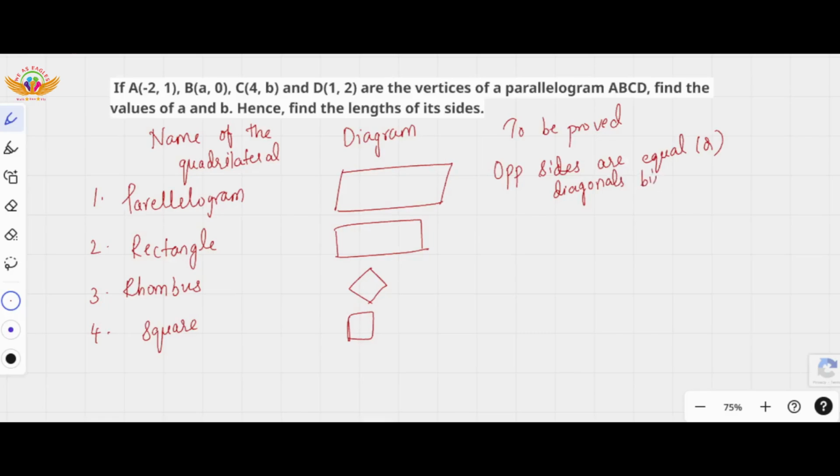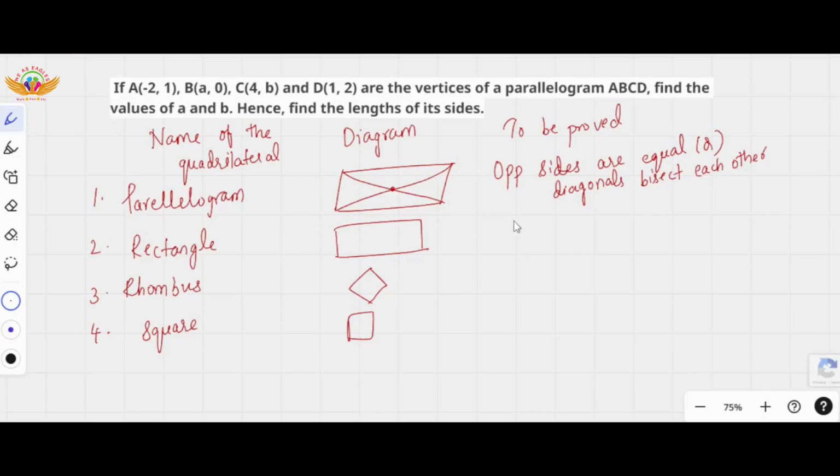What is the meaning of bisect? Exactly, they will intersect at the middle point. That is called bisect each other. So these are the diagonals. See, exactly they will be intersecting at the middle point. This midpoint and this midpoint are the same. That is called bisecting.